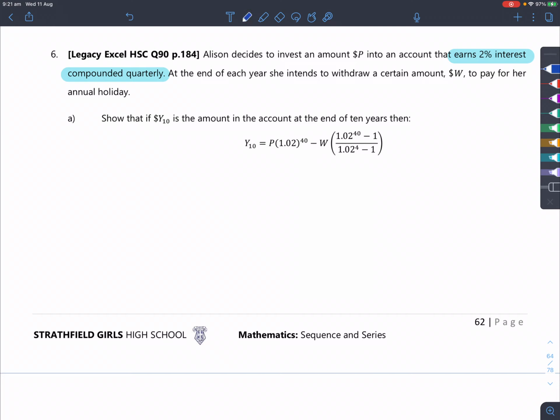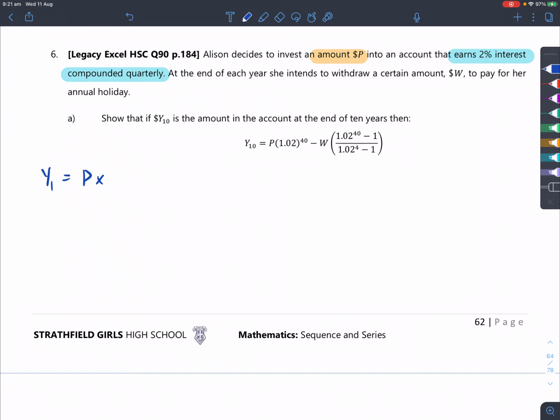So instead of the A value that we always used before, we're going to now use the Y. So let's see what Y1 means. Y10 means after 10 years, so Y1 means after 1 year. So what happens after 1 year? We start off with the amount P dollars, which is right there. We don't know what that is. And we're going to multiply it by this rate, which is 2% compounded quarterly.